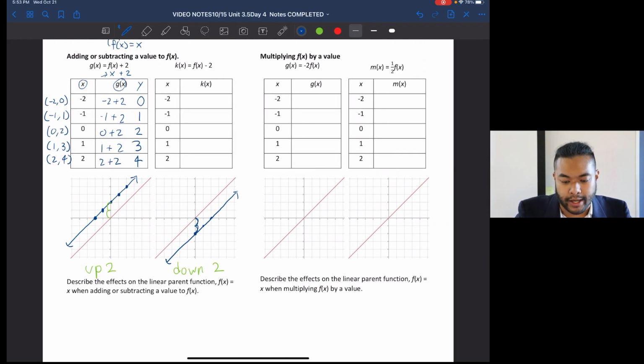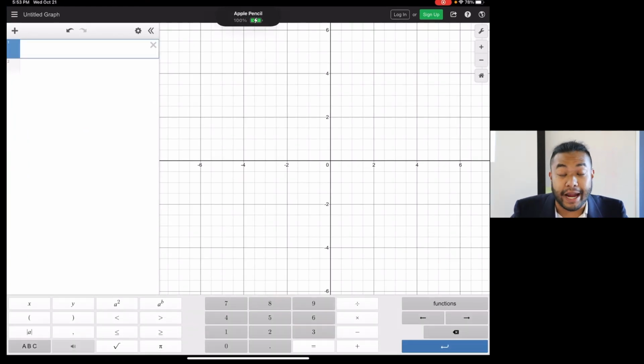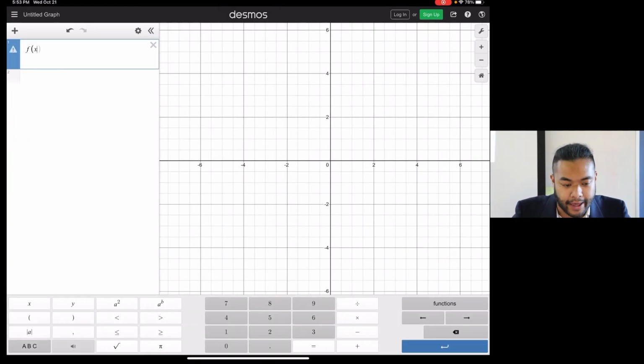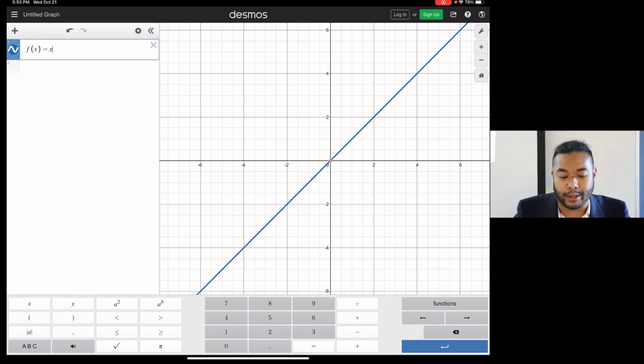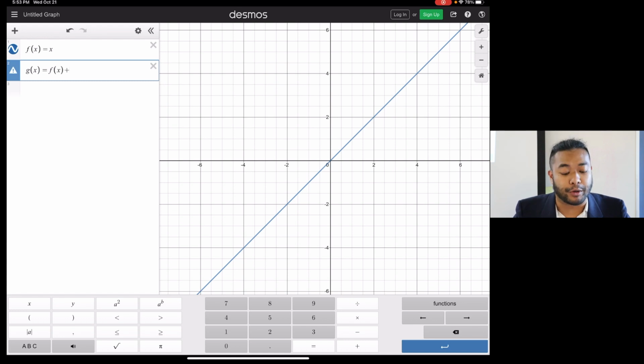And one way I could visualize this is my favorite app, Desmos. We said our parent function is f of x equals x. Okay, and that's y equals x. But if we're transforming it, the new function, g of x, is my original f of x plus, I don't know, some number. It could be any number.